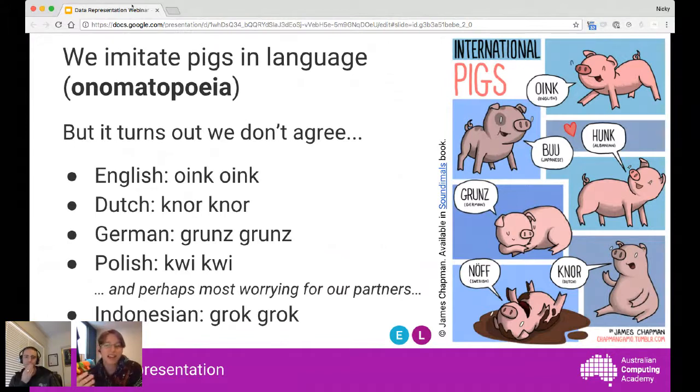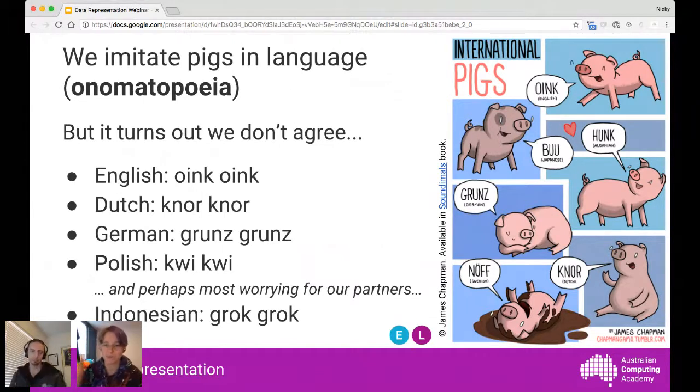So I like bringing it back to this thing where we say, well, we've all learned at school, or at least had the discussion with English teachers, that onomatopoeia is a direct representation. This is language imitating sounds. But even when we do that direct imitation, we bring our own understanding of that sound with it. We represent it differently.